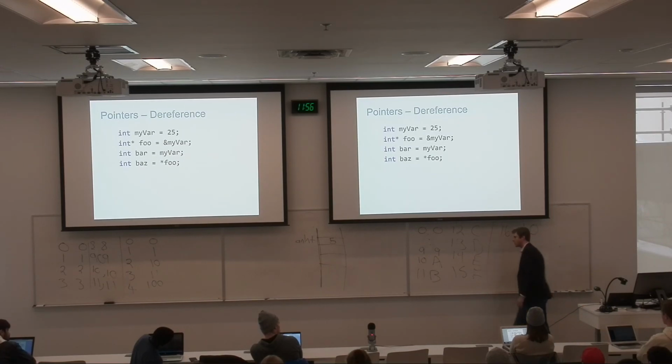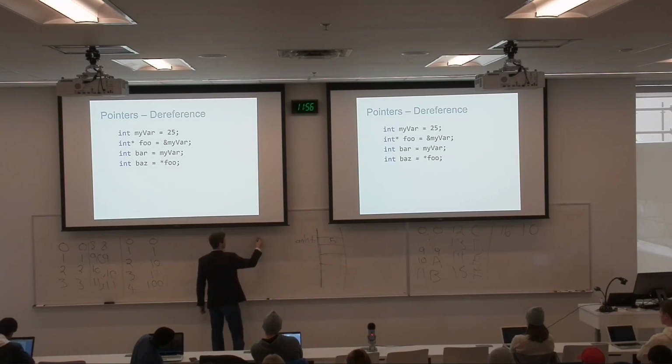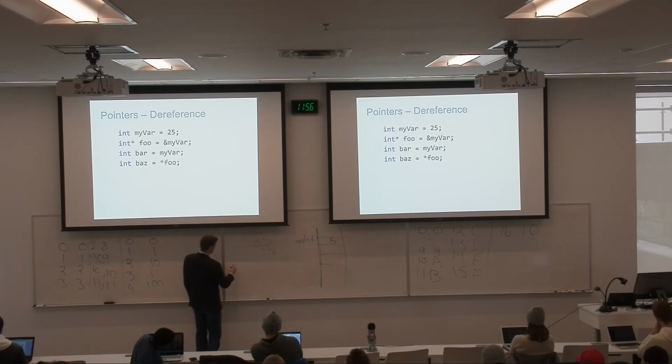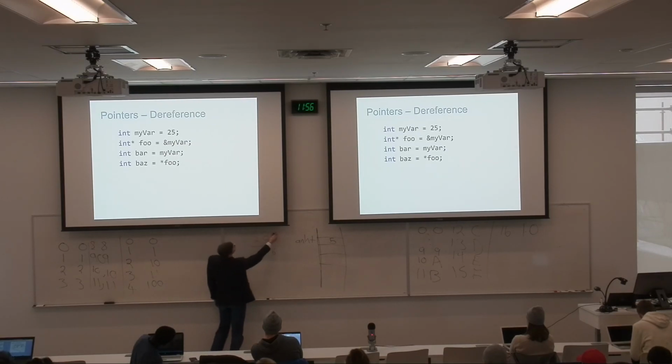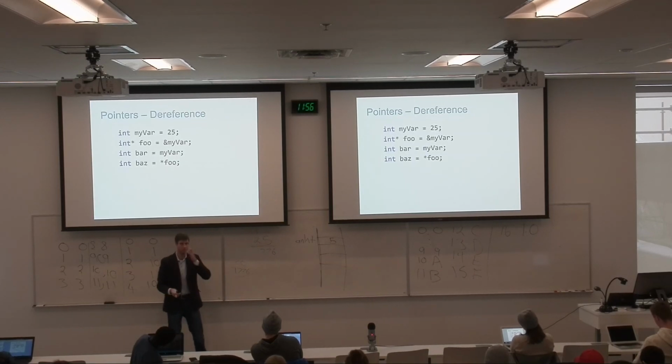Let's draw it out just to be super safe. I've got 25. It's at location 1776. I've got foo, and it holds, all right, and this is, what was it called? My var. You probably can't see this, but just trust me. foo holds 1776, and it's at a memory location, I don't care.